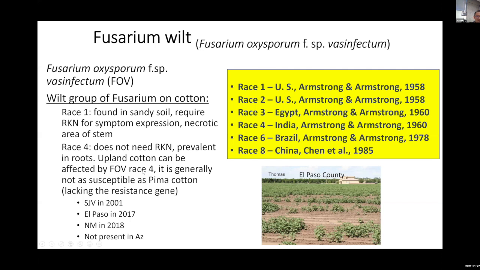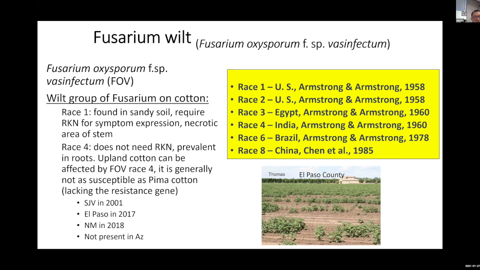A little bit of background on Fusarium wilt: this particular fungus has different races, from race 1 all the way to 8. Historically, all other races except race 4 need a nematode to cause a really significant problem.